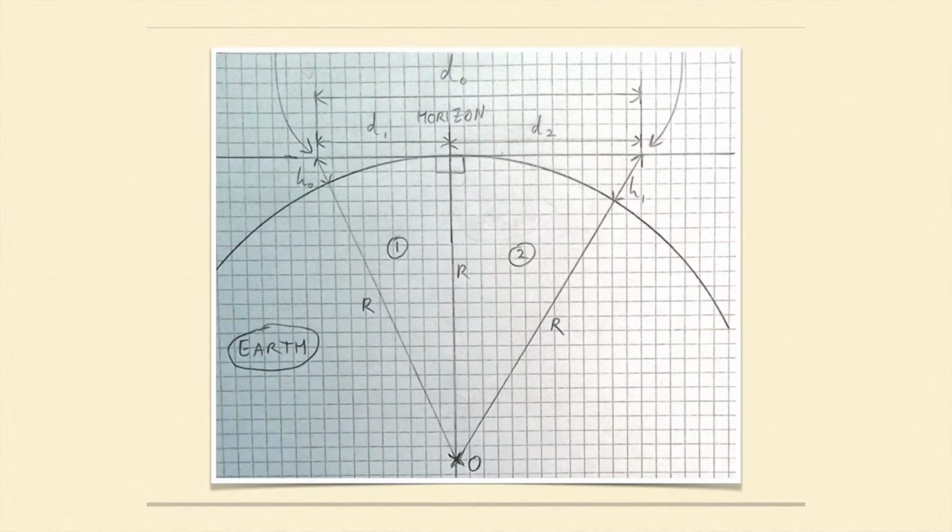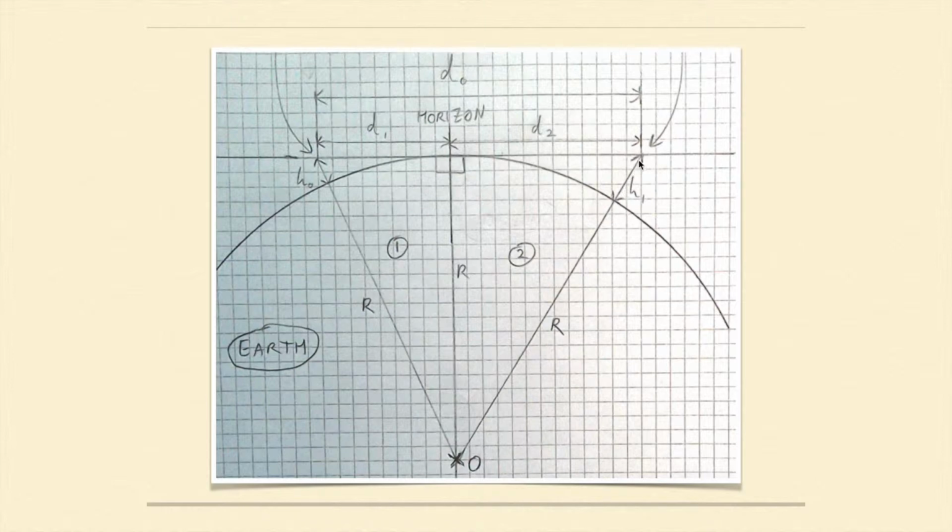This is a drawing of the Earth. So here we have the Earth's center, we have the Earth's radius, and we are standing on this point, and our eyes are at this level, h0 above the ground. And we are looking at our target, and this h1 here is the target hidden height.